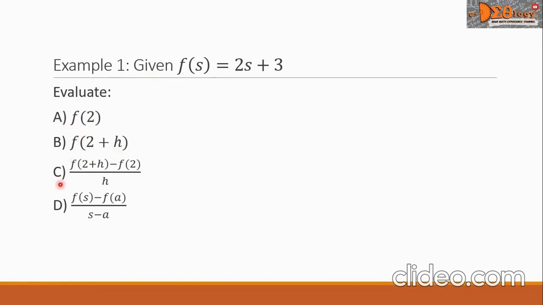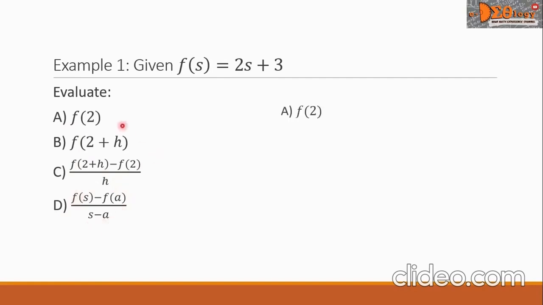Letter c, a fraction whose numerator is the difference of f of 2 plus h minus f of 2, all over h. Letter d, another fraction whose numerator is the difference of f of s minus f of a, all over s minus a.